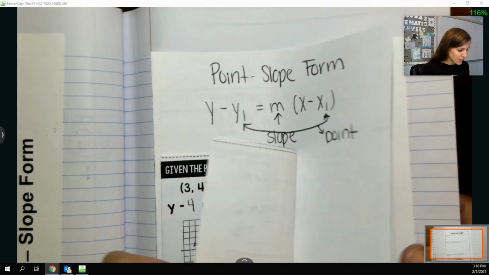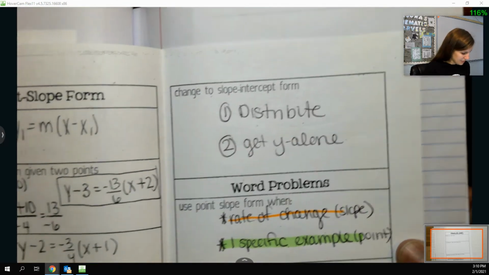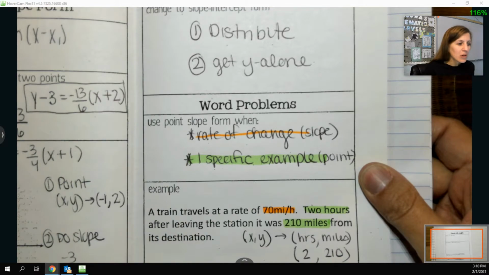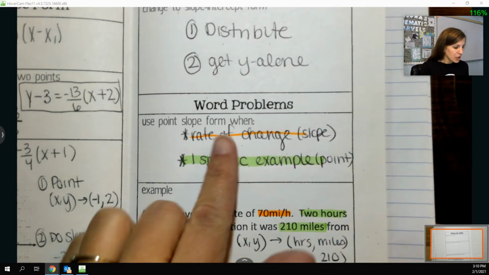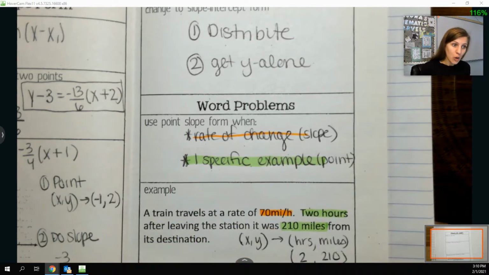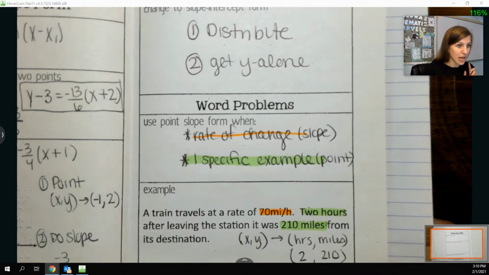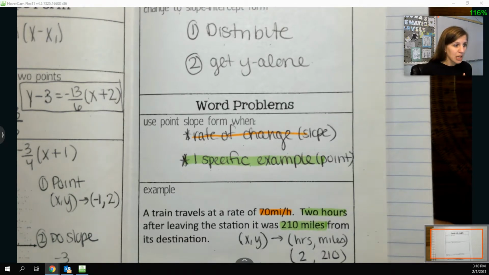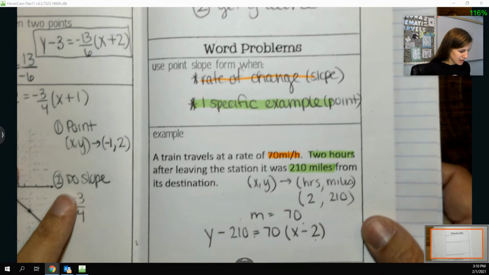Now, point slope form, in terms of a word problem, we're looking for two things, but kind of three numbers. You're going to be looking for a rate of change number, or like the slope, or an over and over and over again number. And then like one specific example of that thing happening, okay?